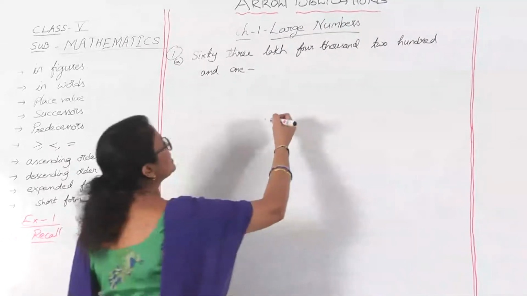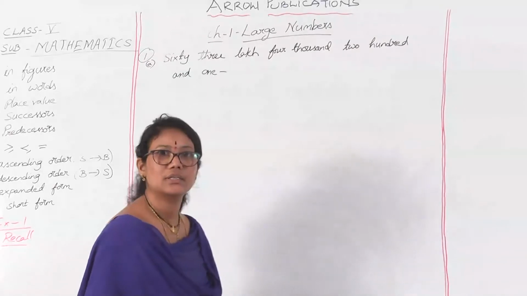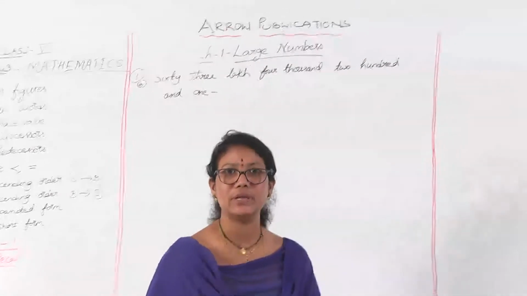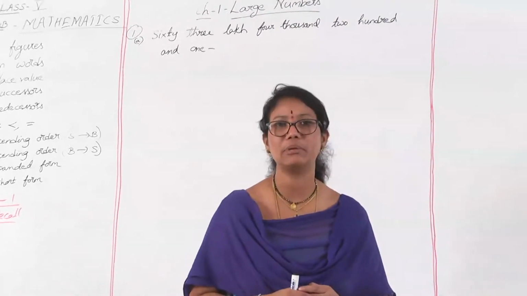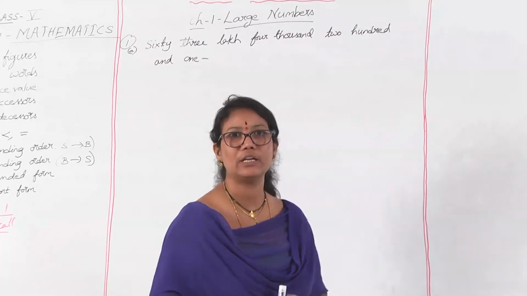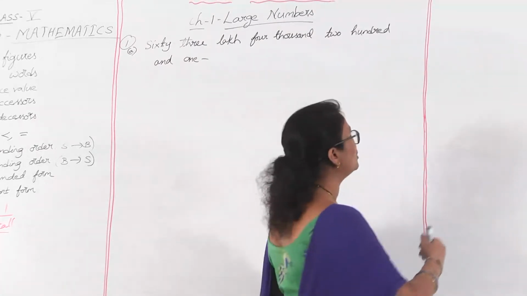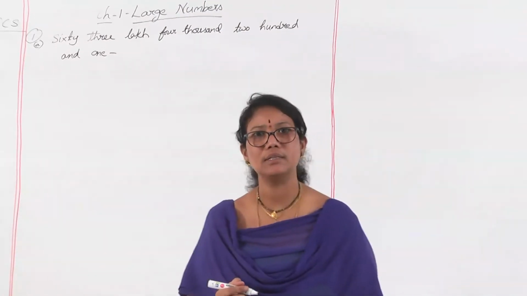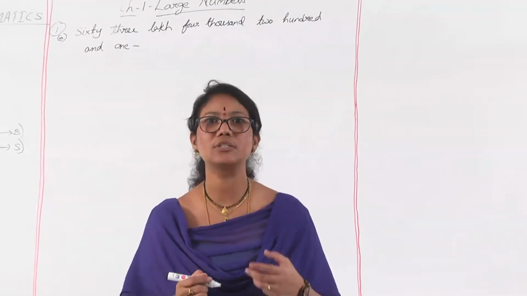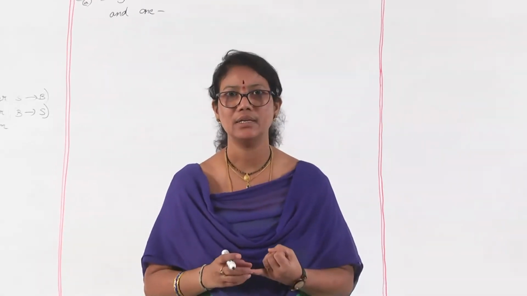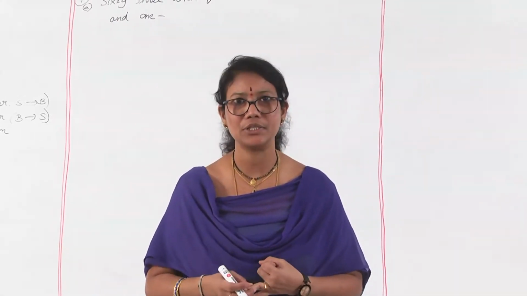Before going to this, let us just recollect the Indian place value chart. Already you had this Indian place value chart in 4th class. Let us recollect the place value chart even now before writing this. Actually, the number system has two types: one is the Indian number system and the next one is the international number system.